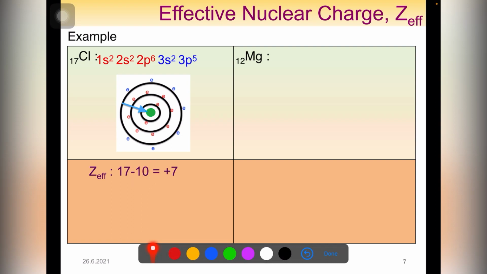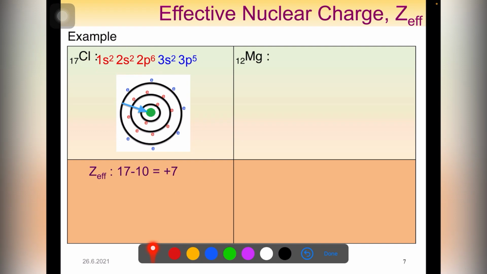Before this, in 3.1 you have learned that the highest n is the energy level where the outer electrons or valence electrons occupy the orbital. So this is the outer electron or valence electron, and these are the electrons in the inner shell, n equal to 1 and 2. Electrons that occupy these orbitals are inner electrons.